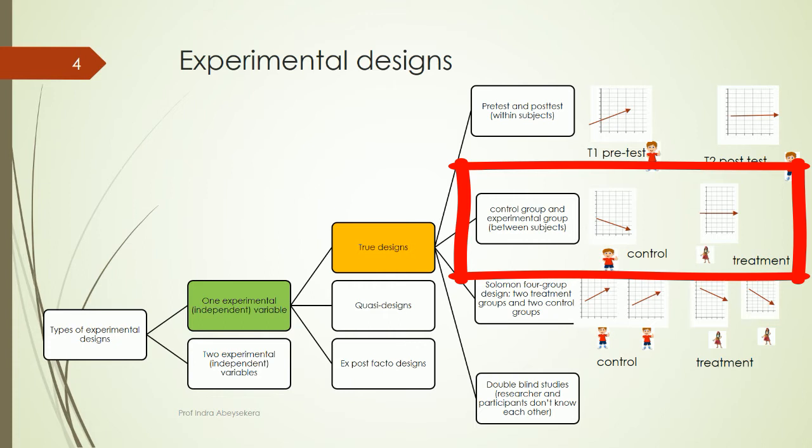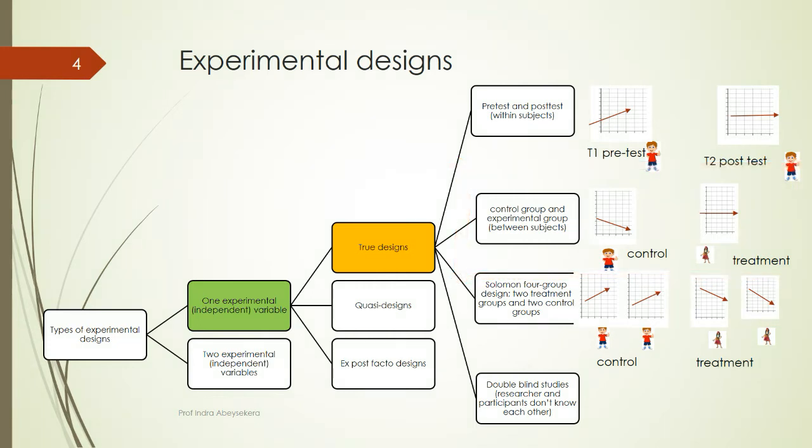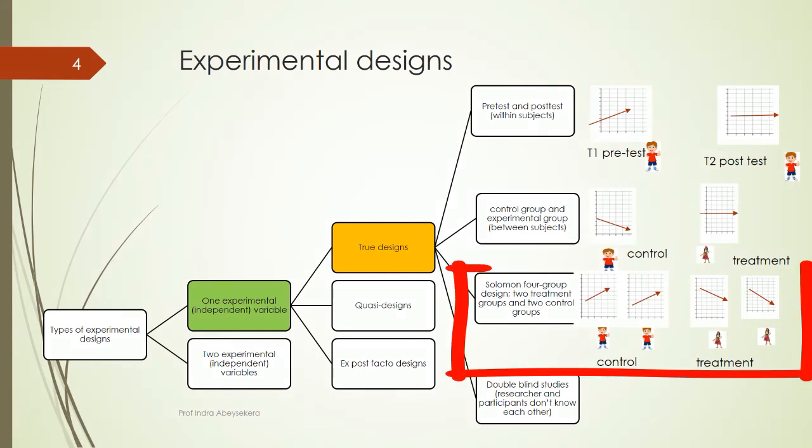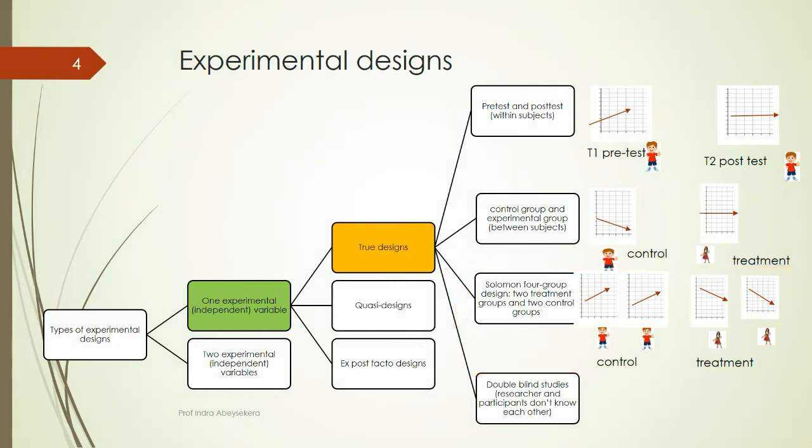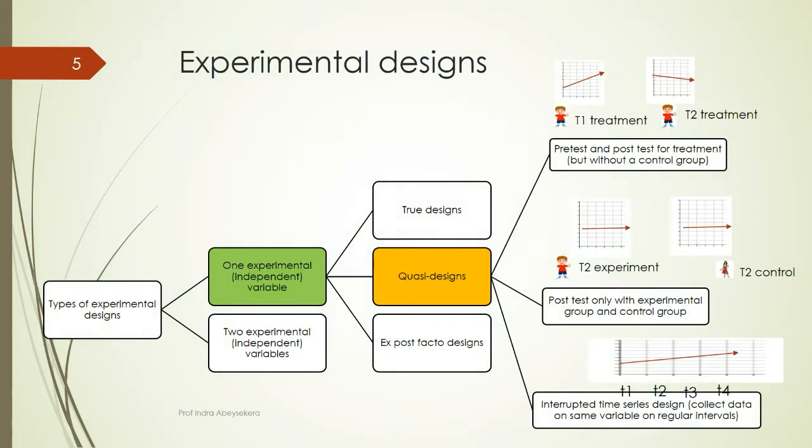We can have a Solomon 4-group design to increase validity, that is, the control group is replicated and the treatment group is replicated. In true designs, it is encouraged, if possible, to conduct the experiments double-blind. That means the researcher doesn't know the participants, and participants don't know the researcher when conducting the experiment.